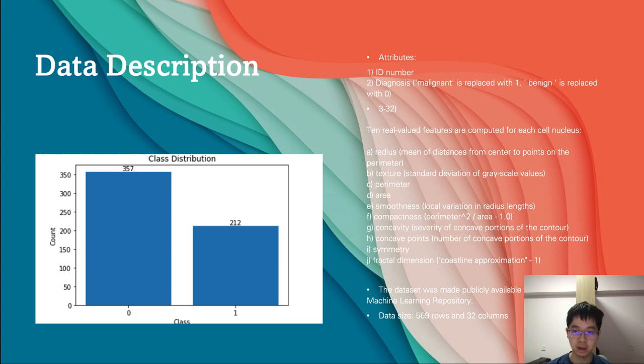In our code, we use 1 to replace malignant and 0 to replace benign. And there are 10 other attributes: the radius, texture, perimeter, area, smoothness, compactness, convexity, concave points, and they can help the program to do a better classification.